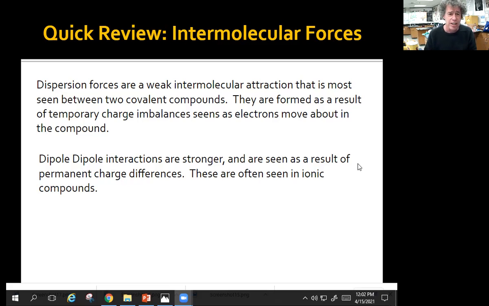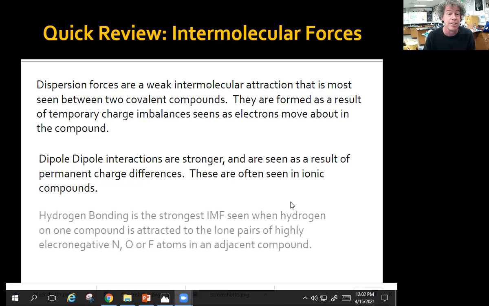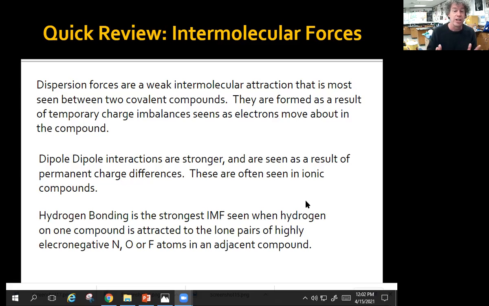That attraction is an example of a special case of dipole-dipole interaction called hydrogen bonding, where you get attraction between a hydrogen atom and the very electronegative free electrons of either nitrogen, oxygen, or fluorine. And that's the strongest of the interactions here. So those are the 3 interactions we deal with in terms of attraction between 2 different molecules or compounds.